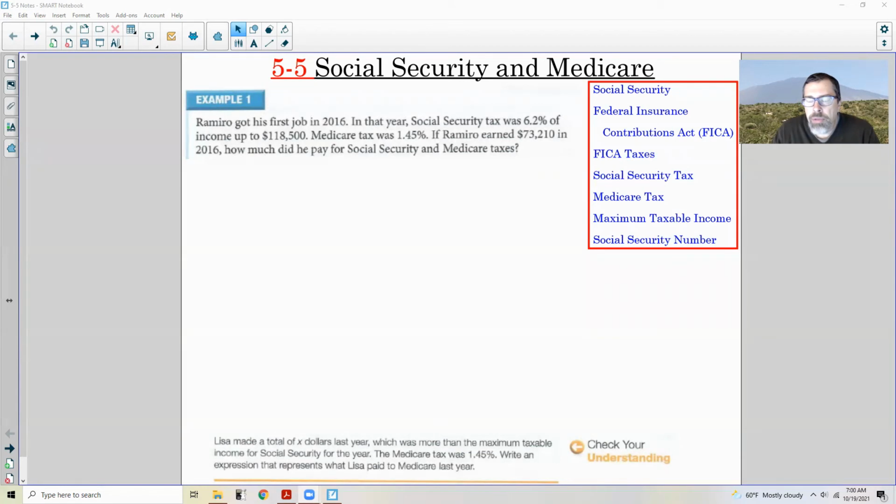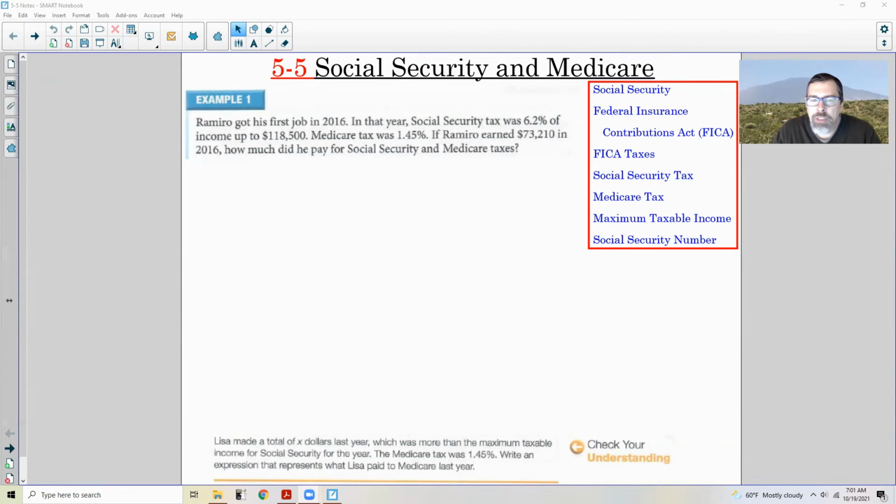Your employer matches it, so you pay half and your employer pays half. Social Security tax falls under that, and Medicare tax does too. So Social Security and Medicare both come out of your income every week. About 90% of the population gets taxed this way, unless you get paid strictly commission or something like that. Then you wouldn't pay Medicare or Social Security.